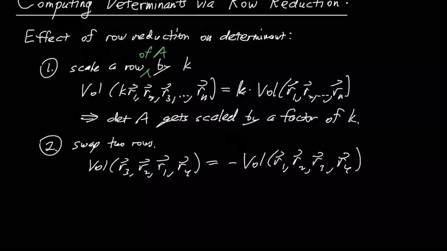It's just easier to use an example than to write that in general. Well, that implies the determinant switches sign. If it's positive, it becomes negative, and so on. Okay, so that's the second effect.